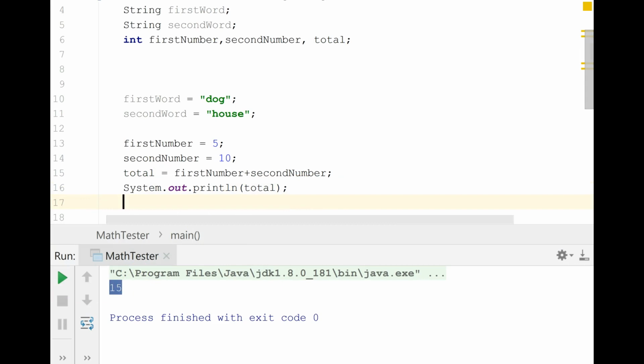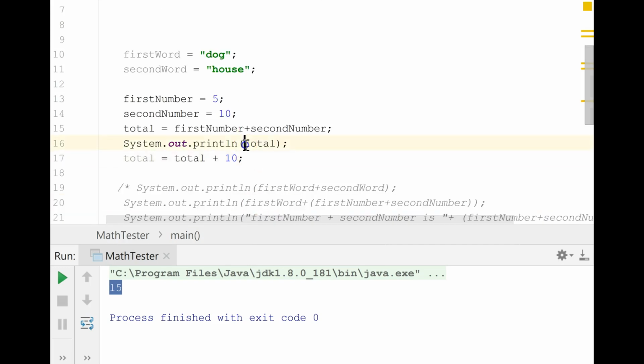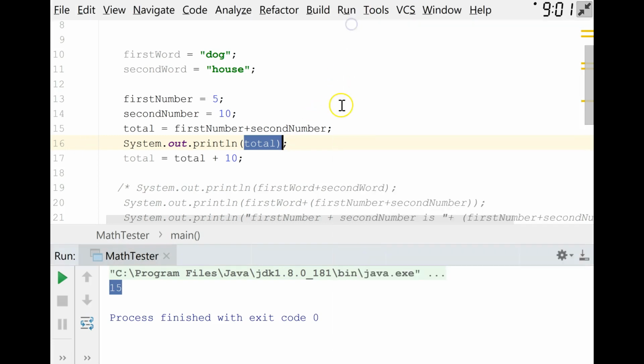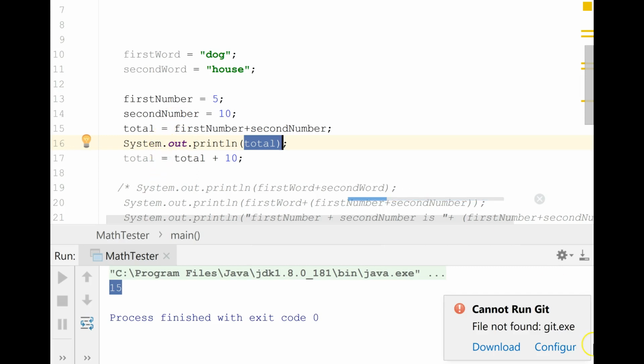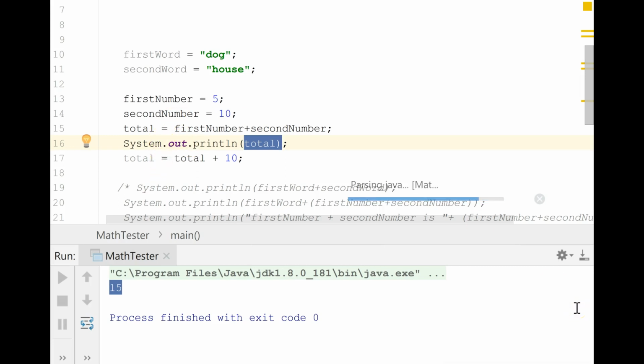But if I take total, and I assign total is 25, or let's add whatever total was, and I add 10 to it, okay? If I print, this is still only going to print 15, because it doesn't work backwards. It's not looking down and then working back up. There's ways that we can deal around with that, and you guys are going to learn that code soon enough.